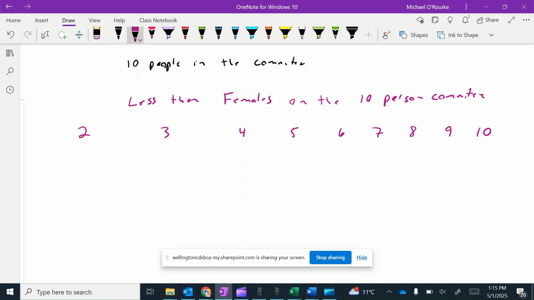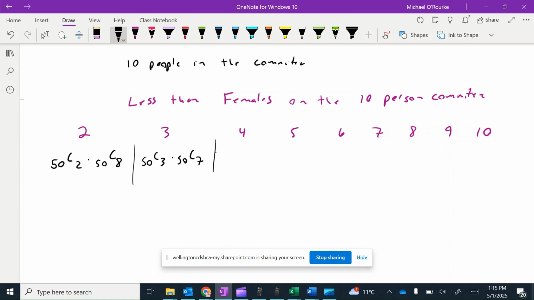females on the committee. So if I were to answer this question, I would have to put 2 girls in the committee times 8 boys in the committee. Then if this was 3, maybe 50C3 for 3 girls, then 50C7 for 7 boys.